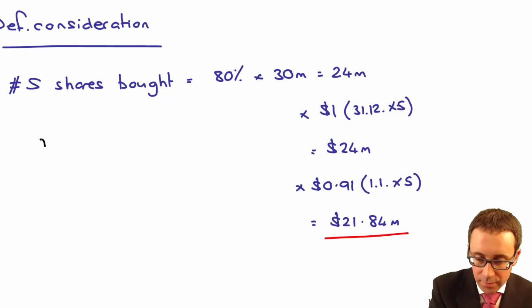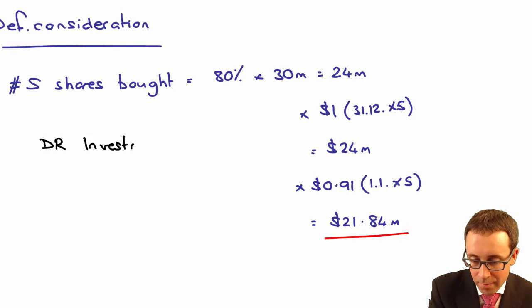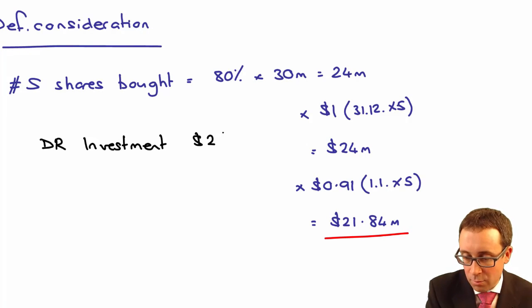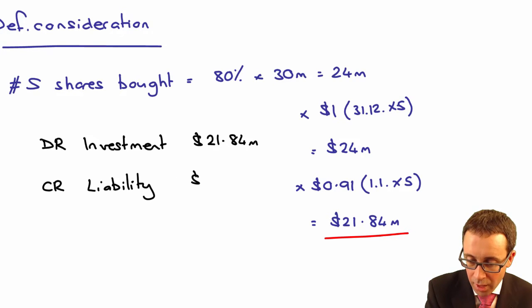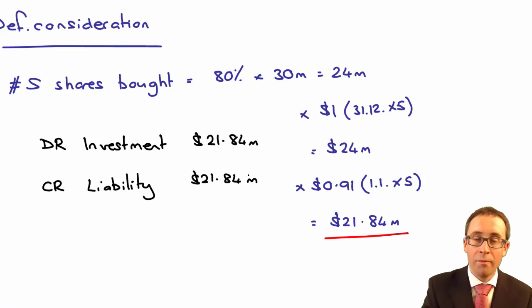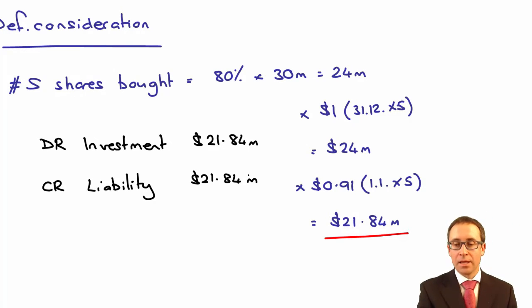Journal entries, it doesn't ask for it, but doesn't do any harm: you debit the investment with $21.84 million, and credit your liability with the same $21.84 million. So part of the cost of investment is 21.84.